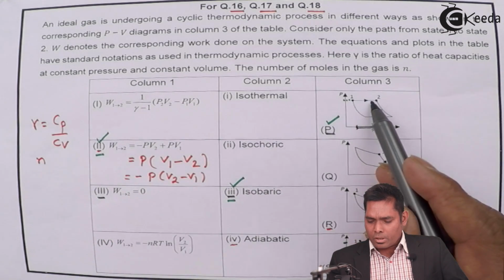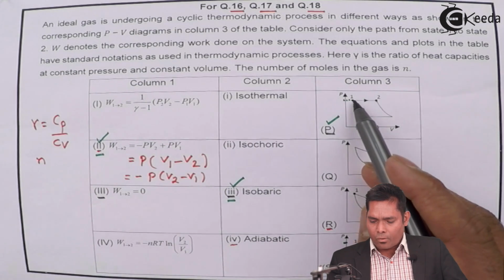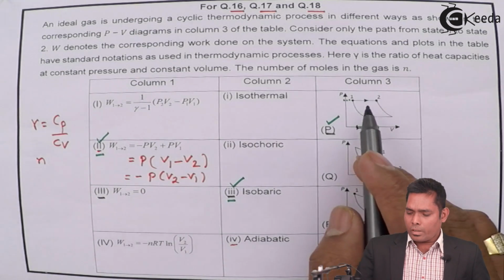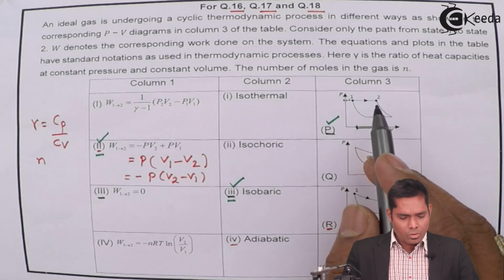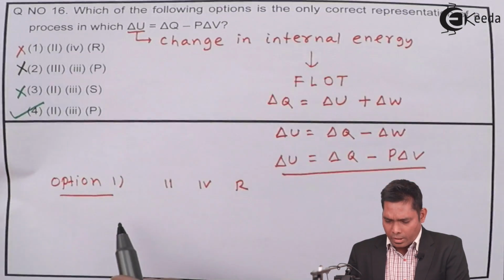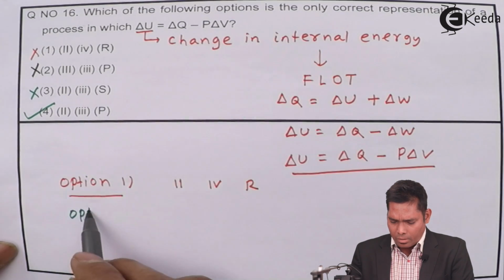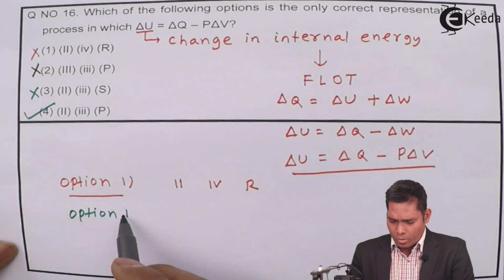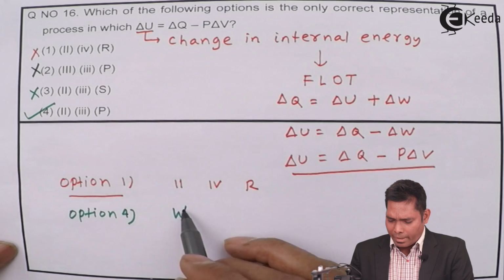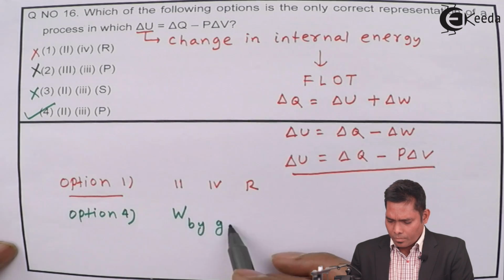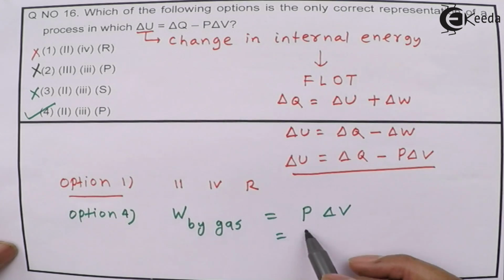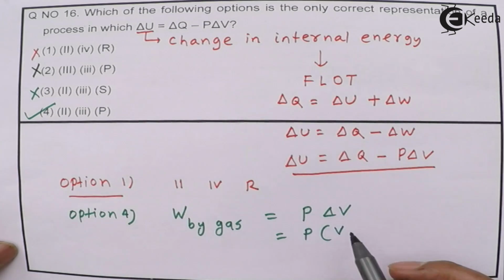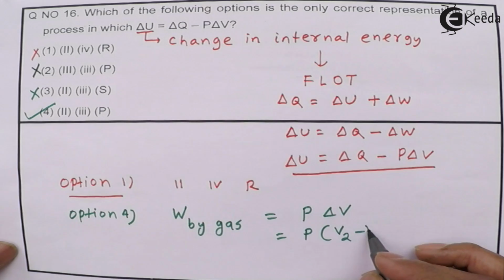In an isobaric process, the work done in the expansion from 1 to 2 is P delta V. This is the work done by the gas. So work done for option number 4, work done by gas, is P delta V, which is P times V2 minus V1.